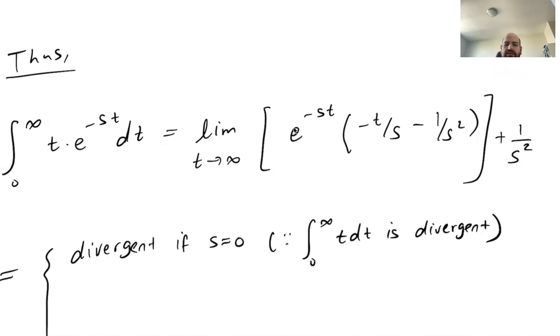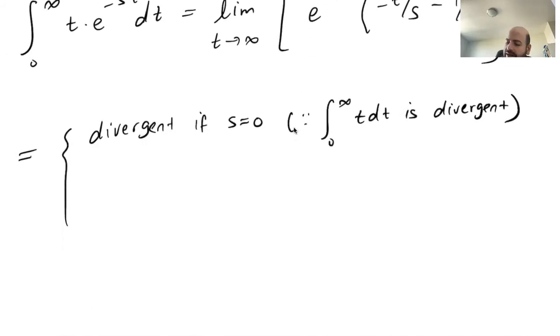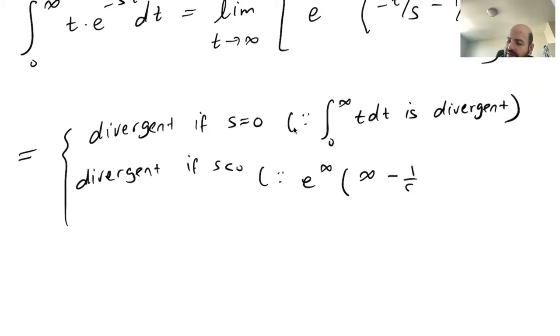This will be infinity times infinity, which is infinity. So let me write down how I calculated. This will be divergent if s is less than 0, because e to power infinity times infinity minus 1 over s squared will become e to power infinity times infinity, which will be infinity.